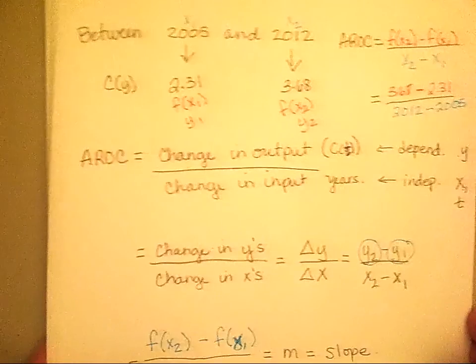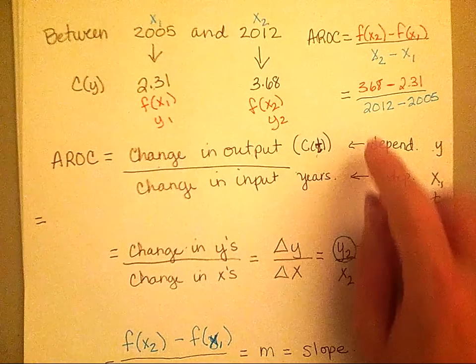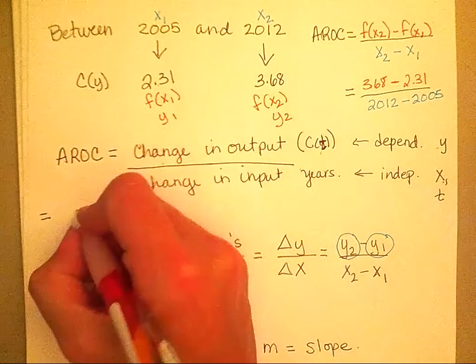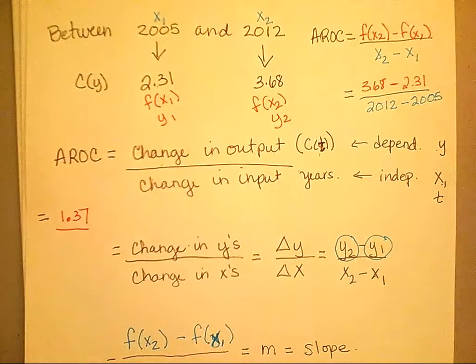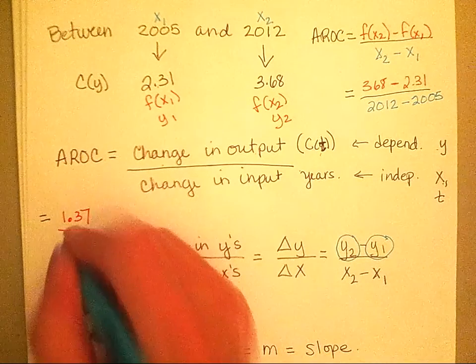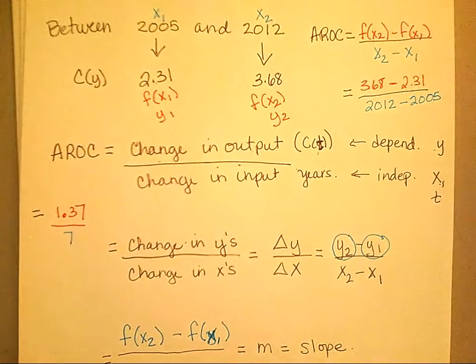Alright, now let's do that subtraction. So that's equal to 8 minus 1 is 7, 6 minus 3 is 3, 3 minus 2 is 1. $1.37 divided by 12 minus 5 is 7.